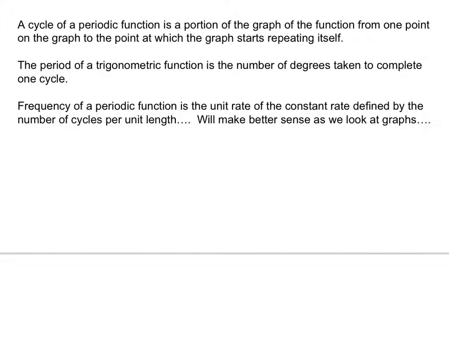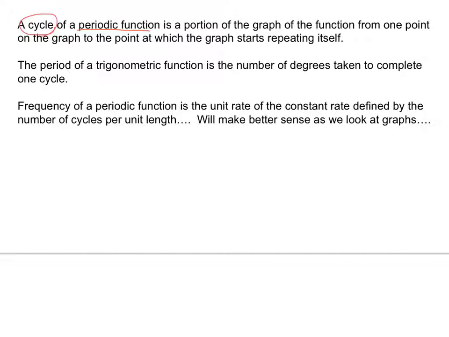A few other things we need to make sure we all understand: what a cycle is. We know what a periodic function is. It's a function that repeats itself. A cycle of a periodic function is a portion of the graph of the function from one point on the graph to the point at which the graph starts repeating itself.